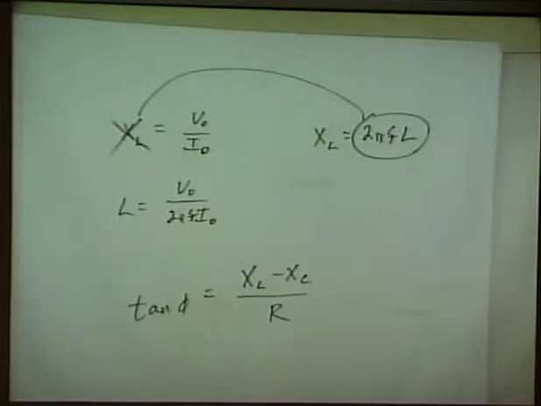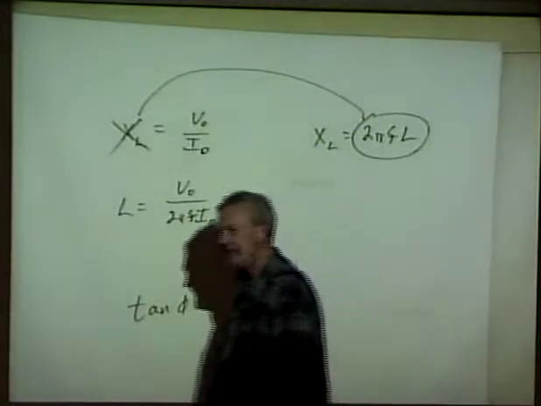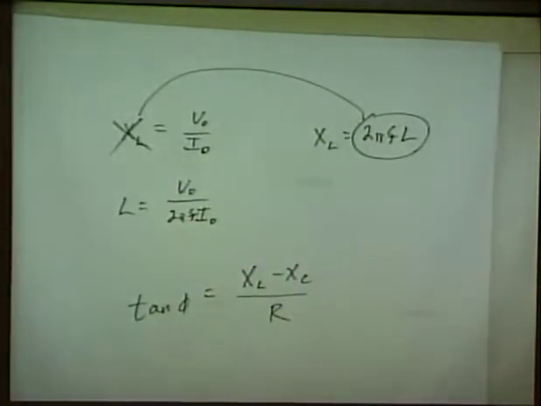It's undefined. Exactly. So the tangent of this certain angle is undefined. Which angle is it? You all can figure it out. Plug it into your calculator. Eventually you'll get it. 90 degrees.